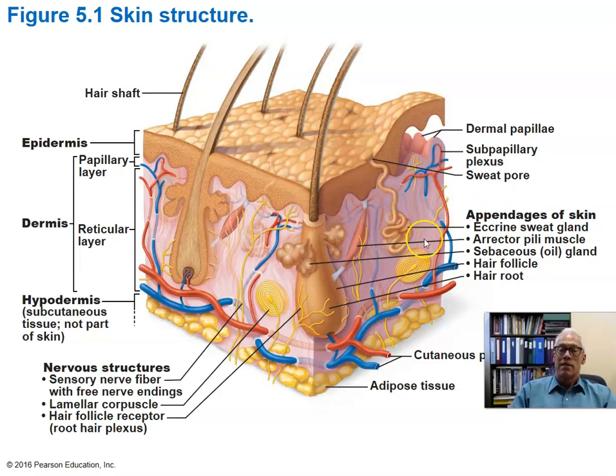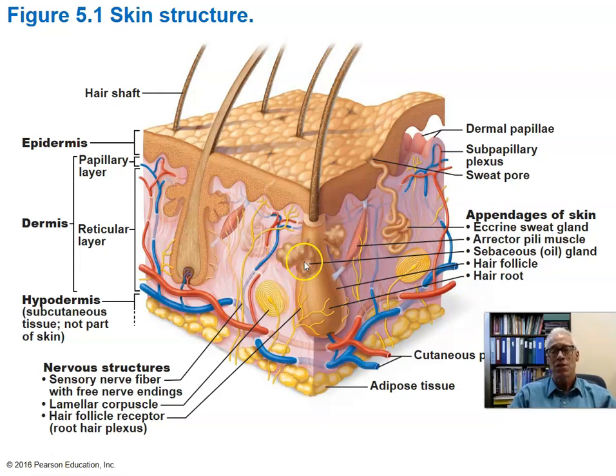A couple of glands that are accessory organs in the skin. Here's an eccrine sweat gland. Its secretory simple cuboidal epithelial cells are arranged in tubular form, all wrapped up into a ball of spaghetti, and then the secretion, the sweat water, travels out through a duct onto the surface of the body, making it an exocrine gland.